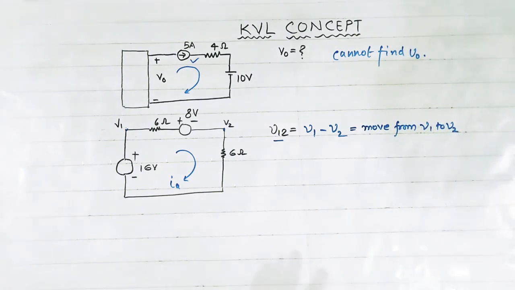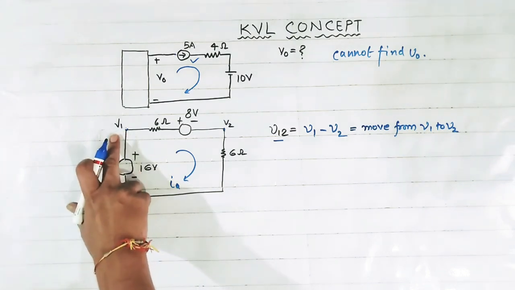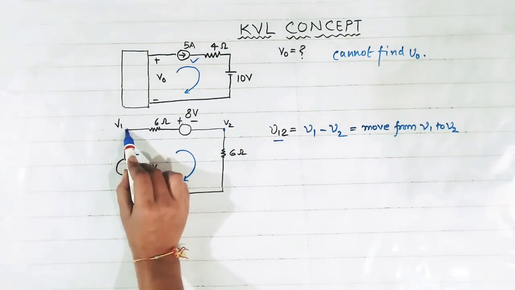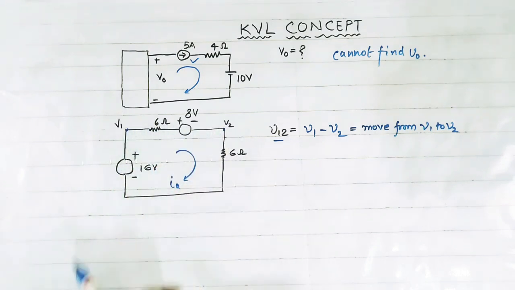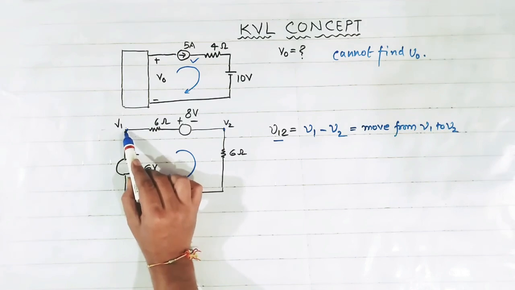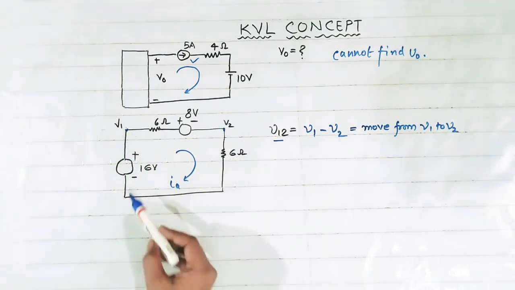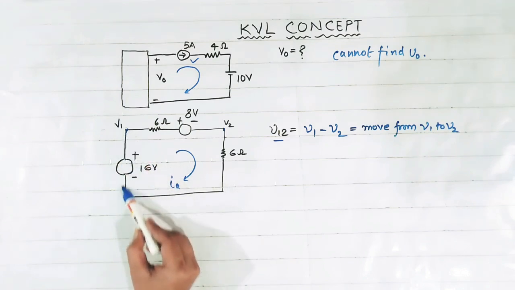There are two ways of moving from V1 to V2. First, we can move through this path. Second, we can move through this path also. In the options, the answer was related to this path.